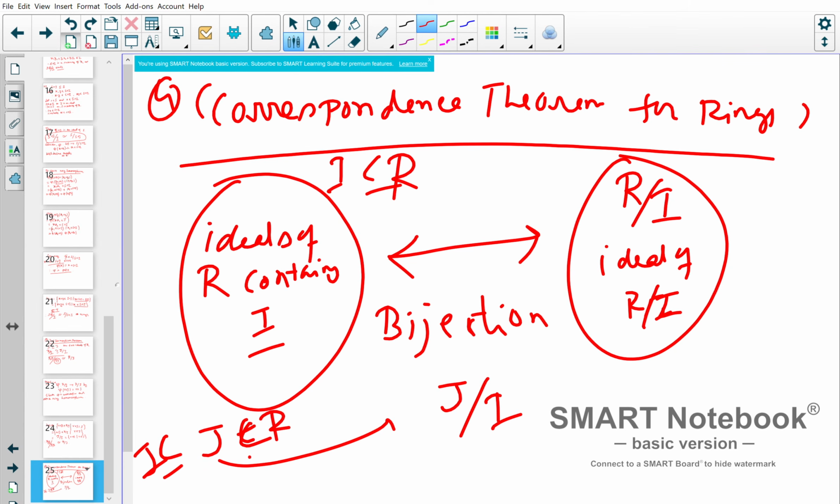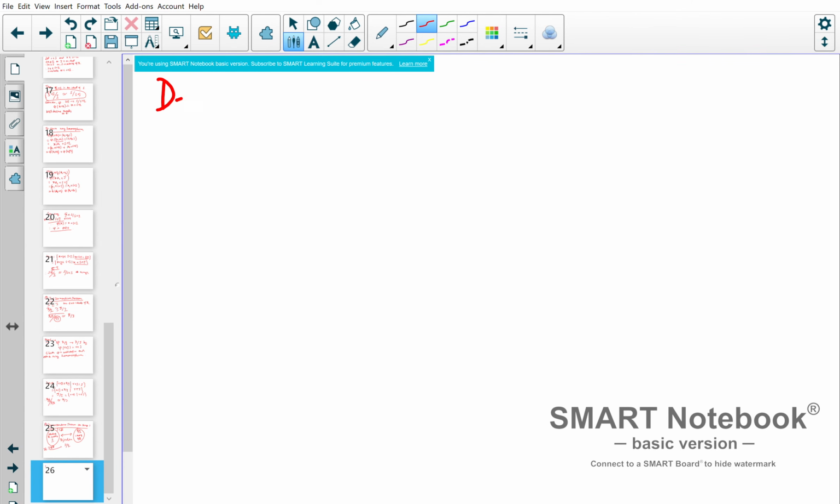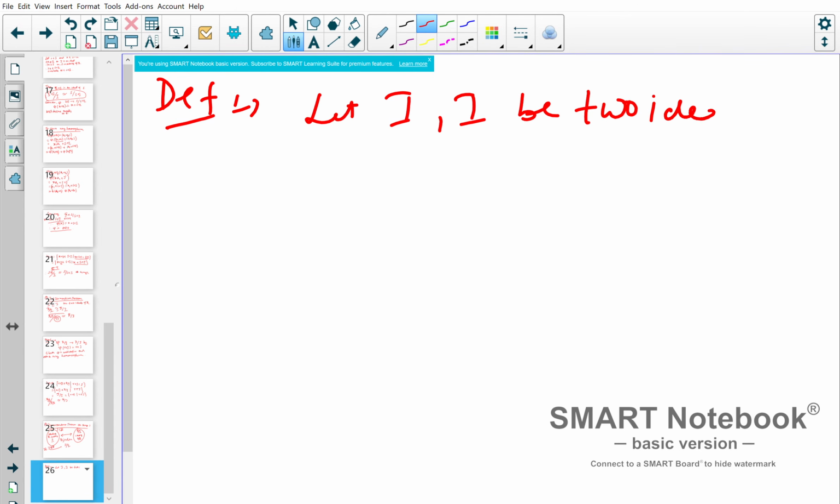Or maybe let me just define two more ideals: the sum of ideals and the product of ideals. Then I will finish it. So definitions. Suppose we have I and J, two ideals of a ring R, then you can define the sum of the ideals I plus J. This is obvious. So this is what you do.